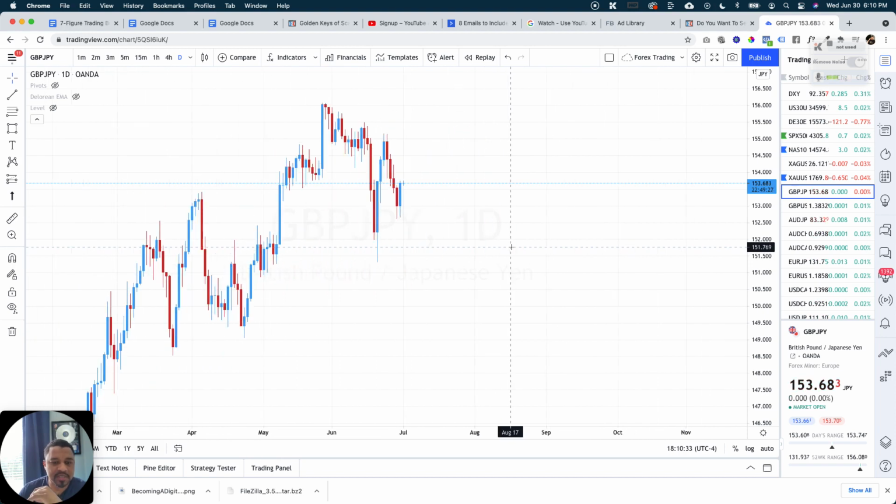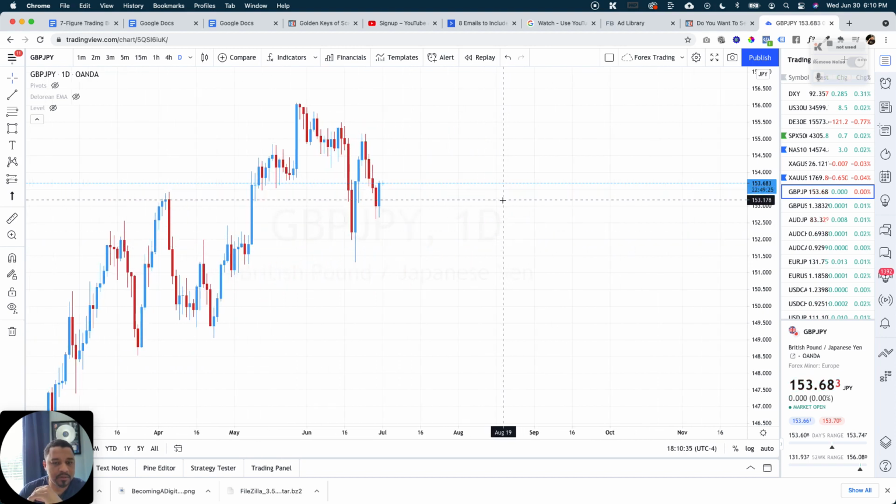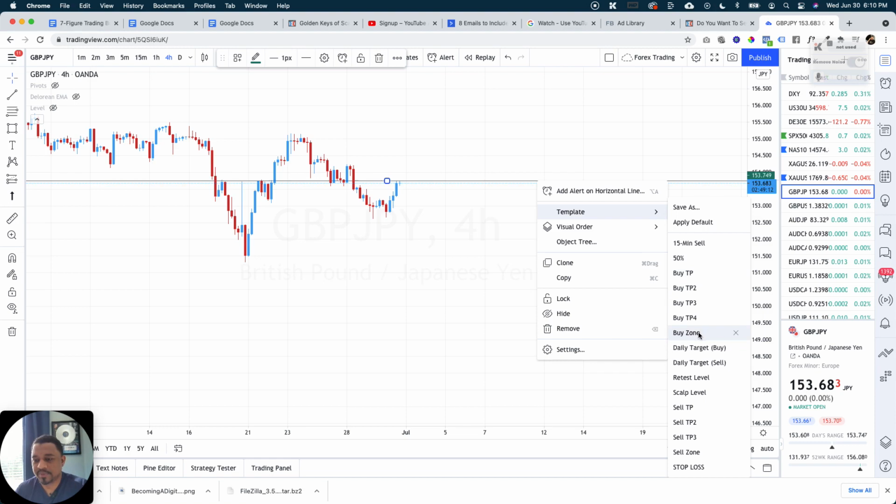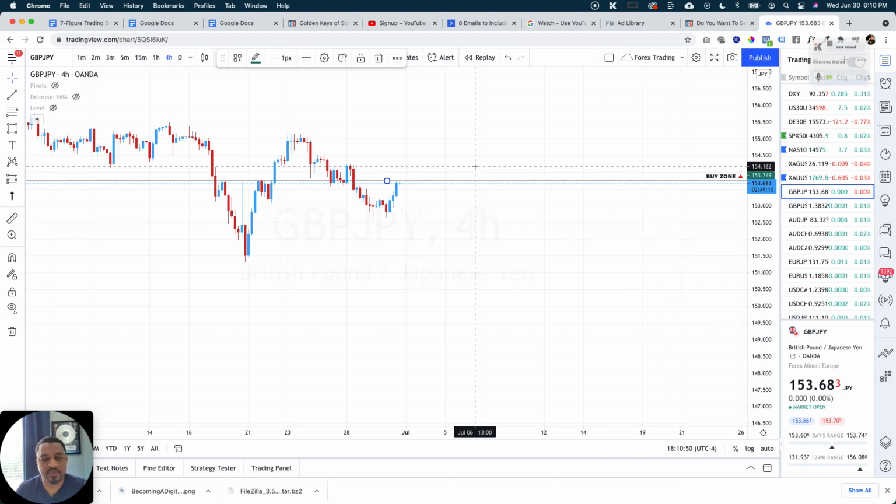GBP JPY is in an uptrend. Buy zone is right here. Some things I am more adamant about trading breakouts, and this is one of them.